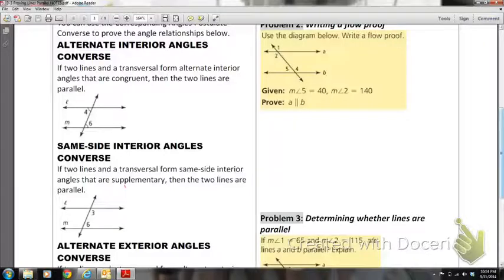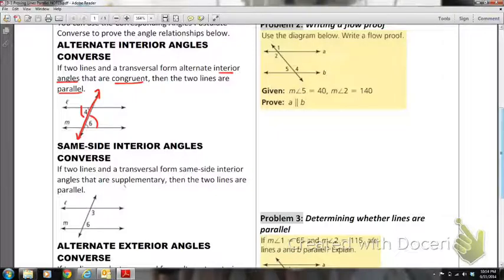The next converse is the alternate interior angles converse. It states that if two lines and a transversal form alternate interior angles that are congruent, then those two lines are going to be parallel. So once again, look at the transversal and identify the alternate interior angles that are identified as congruent.